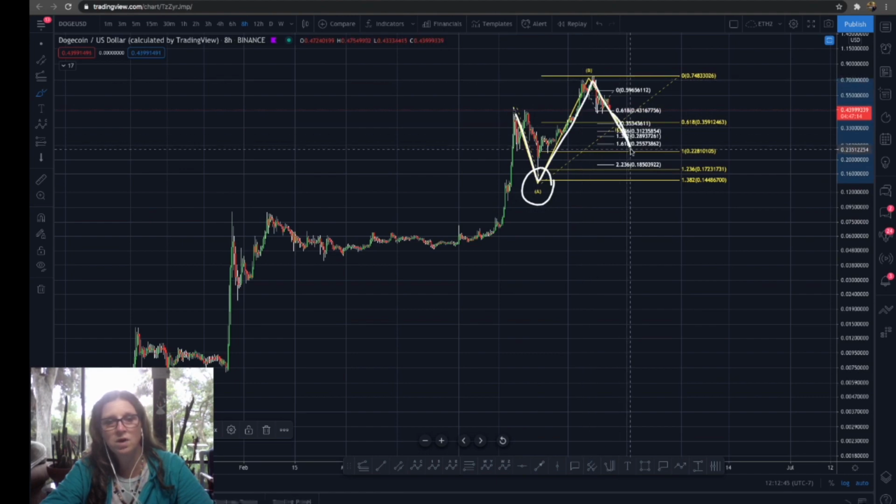And we want the running flat, which is the one that gives us the higher low. We don't want the expanded flat that breaks the A wave. And the reason we don't want that is because then we broke structure and it's much harder for the market to recover and continue. Not that it can't, but it's much harder.